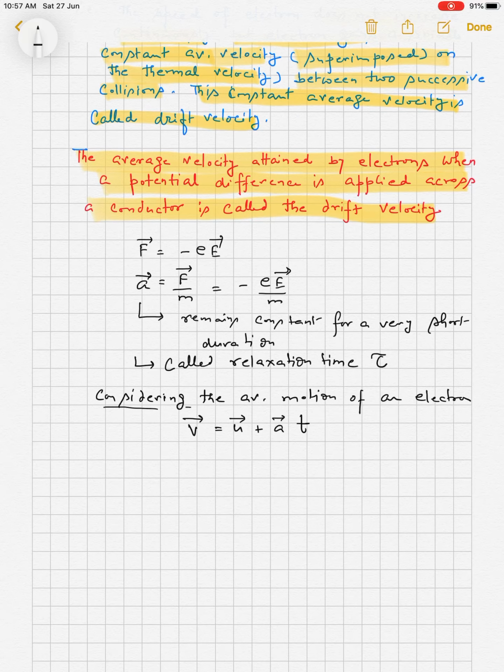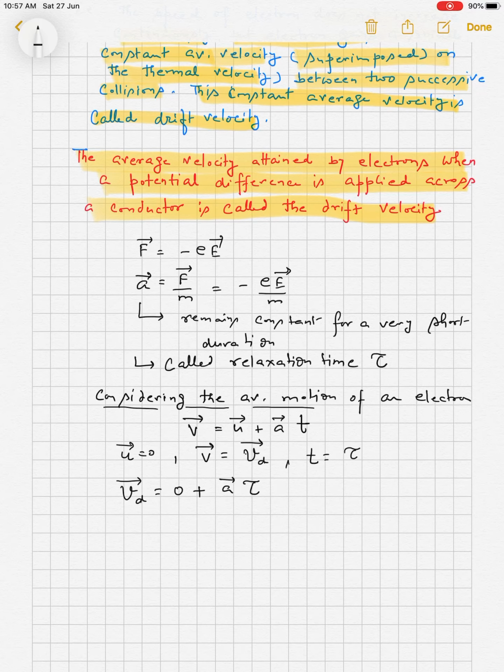If we consider the average motion, then the initial velocity is 0, the final velocity after time t is vd, that is drift velocity, and a is the acceleration. By putting these values we get vd is equal to 0 plus a times tau.